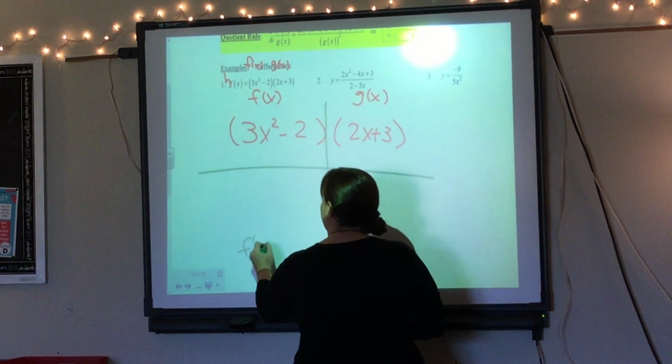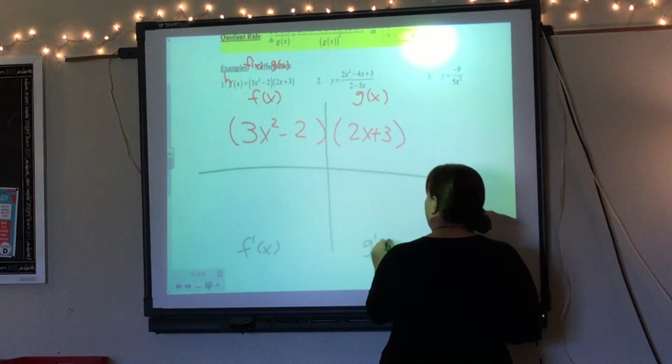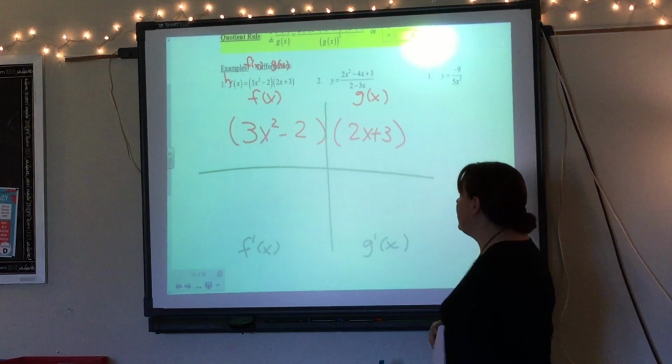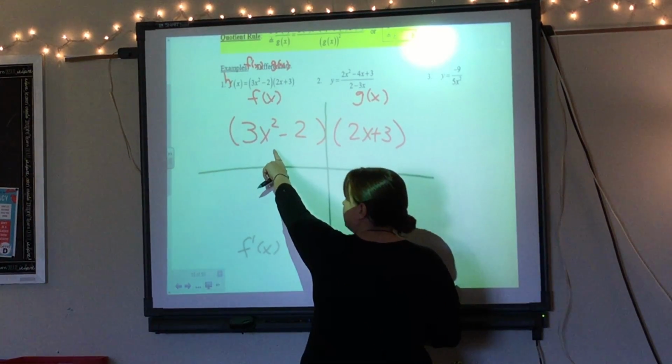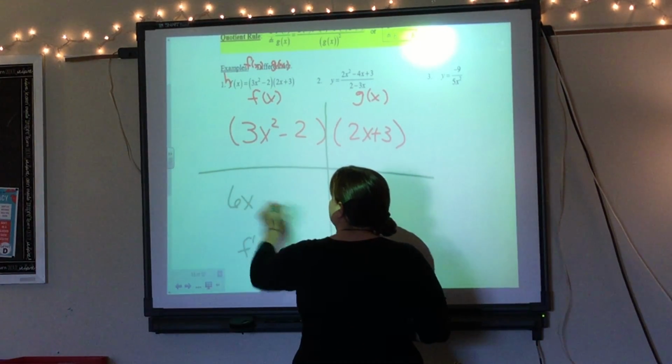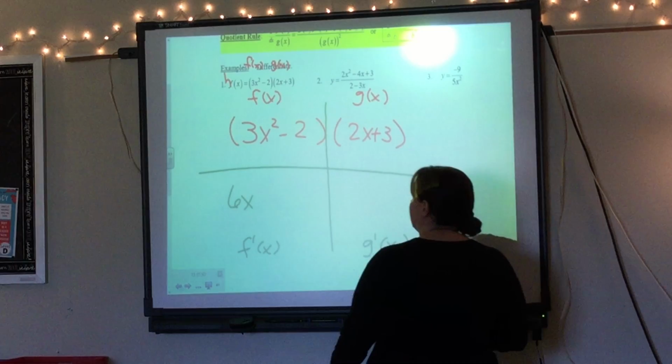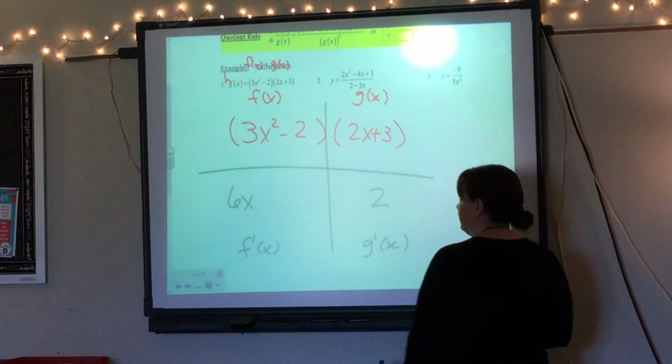So f prime of x and g prime of x right underneath each other. f prime of x is 6x, and g prime of x is just 2.